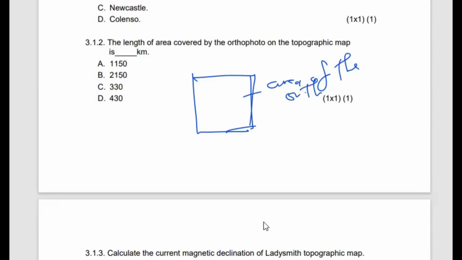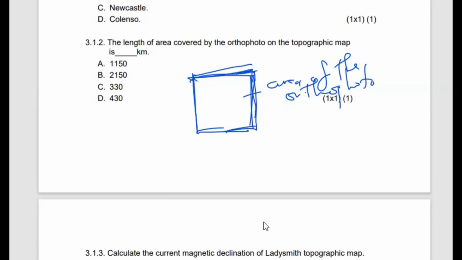It will be written there. You check for the red demarcation, the demarcated area, the red block on the topographic map is the area which is mapped on the orthophoto map. So you're supposed to find out the length of that area, which means the longer side of the two. You measure and you convert it to kilometers.